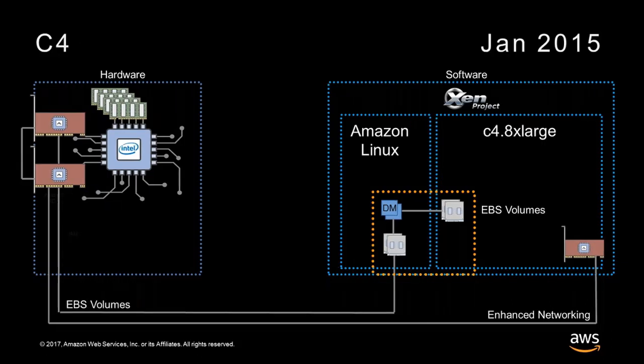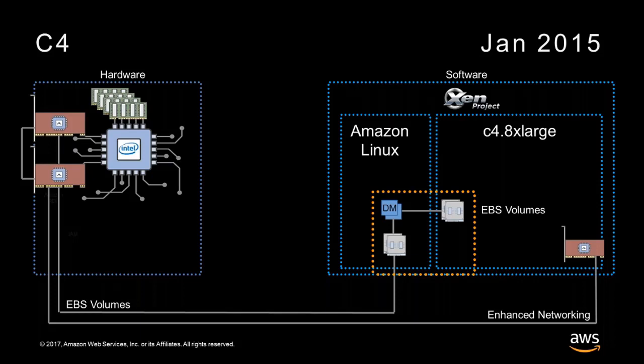Now, with C4, we again made use of an off-the-shelf component, but this time we started working with a startup called Annapurna Labs. Annapurna Labs had a hardware network accelerator that had a really unique feature. It had the ability to offload storage and present the offloaded storage as a local NVMe device. At this time, NVMe was a relatively new technology.